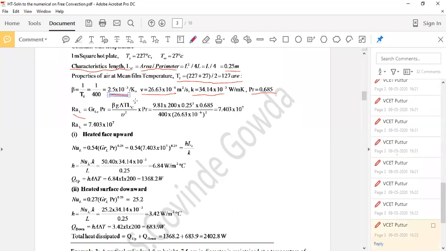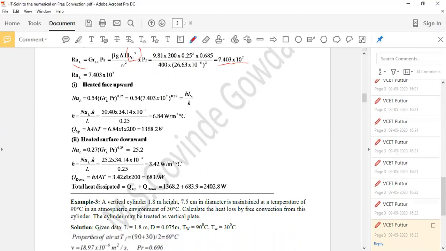In the Grashof number calculation, you must always remember you are using the characteristic length LC, the ratio of surface area by perimeter. So this will be 0.25 cubed, and after substitution, you will get the Rayleigh number as 7.4 times 10 to the power of 7.